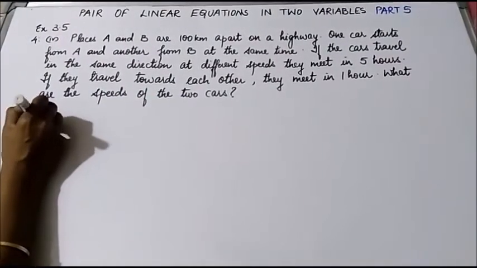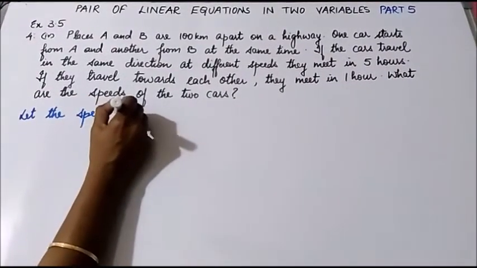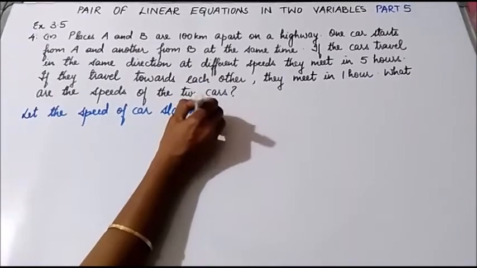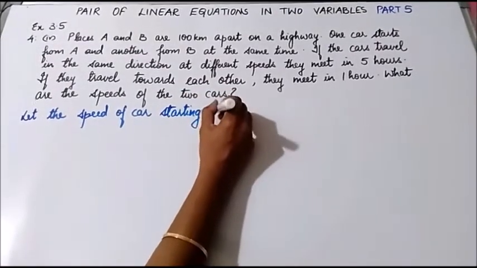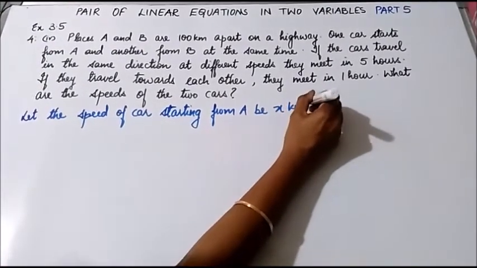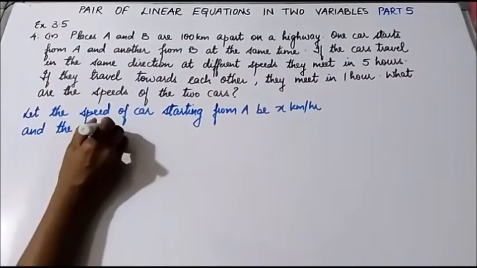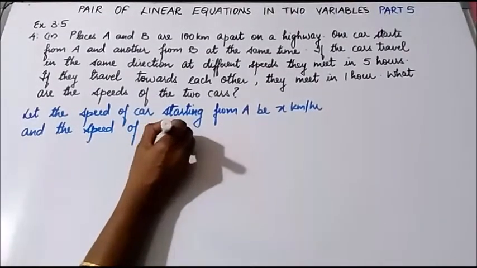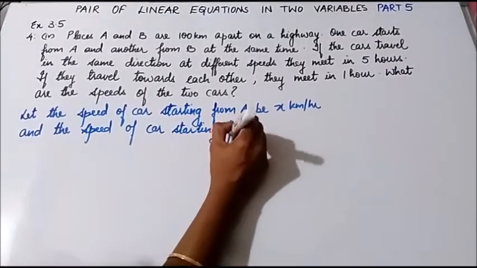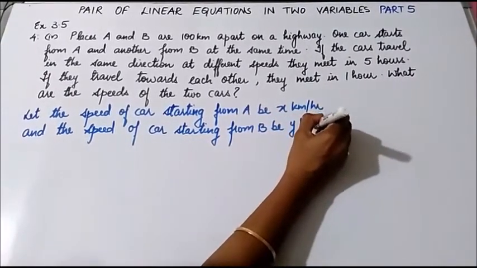So first let us write: let the speed of the car starting from A be x kilometers per hour, and the speed of the car starting from B be y kilometers per hour.